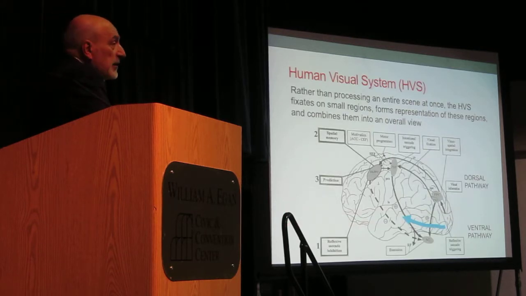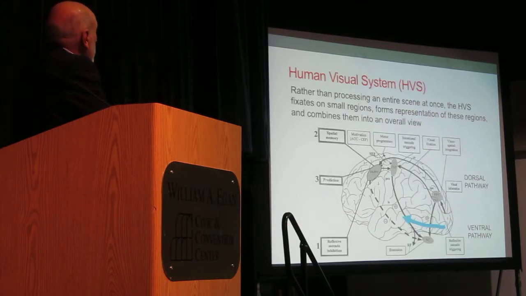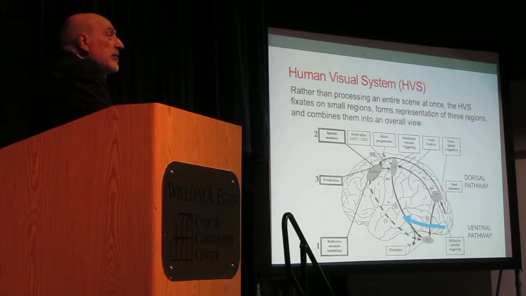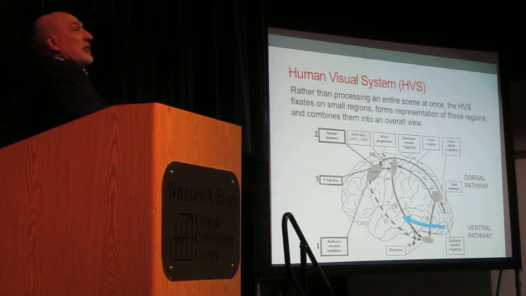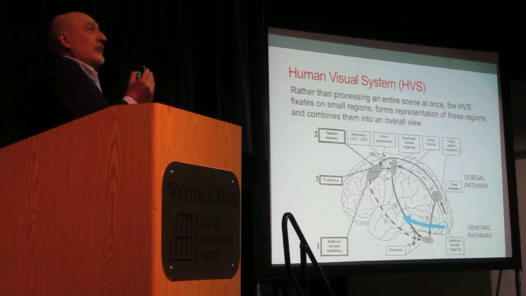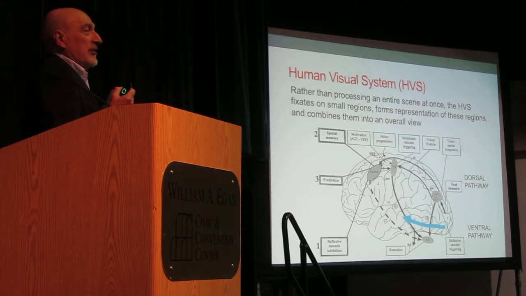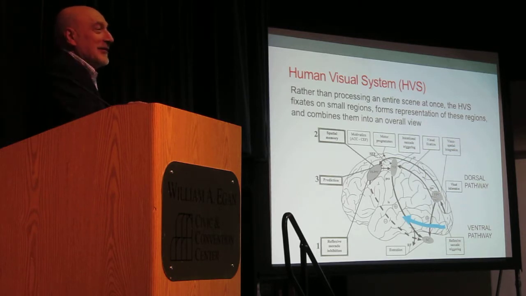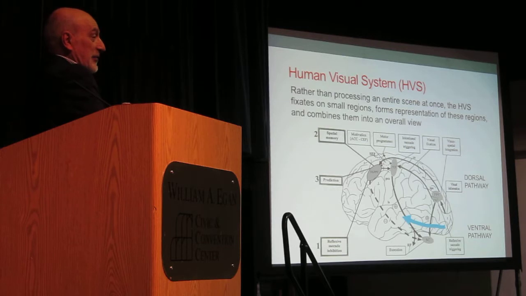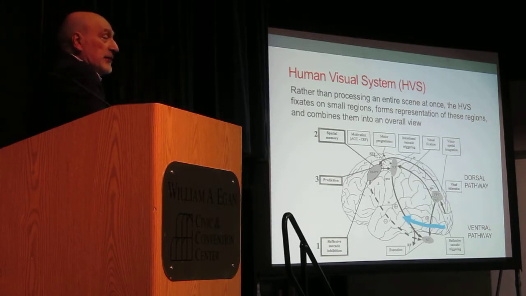And if we go back to the brain, we think that we see the world in full resolution all the time. It's wrong. We only see 5% of the world at full resolution at any time. And then we go to another part of the space and then we reconstruct.